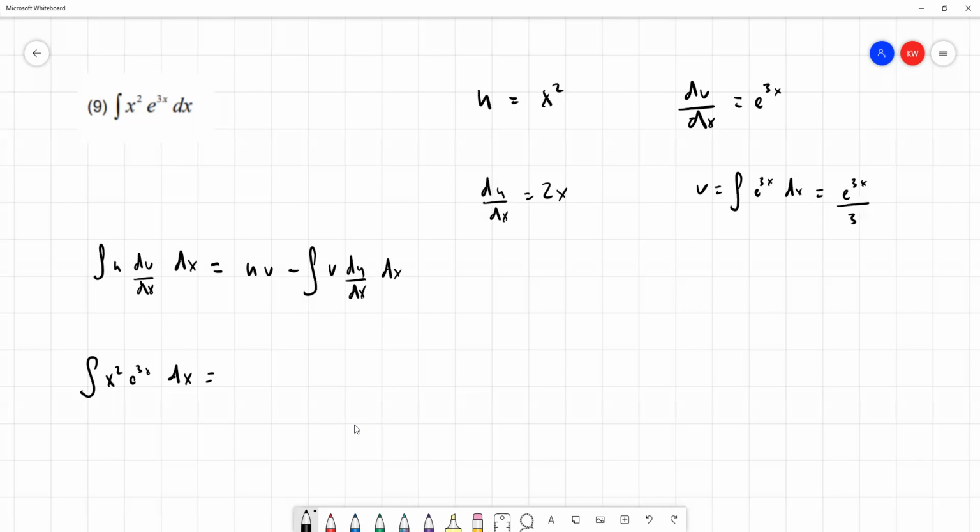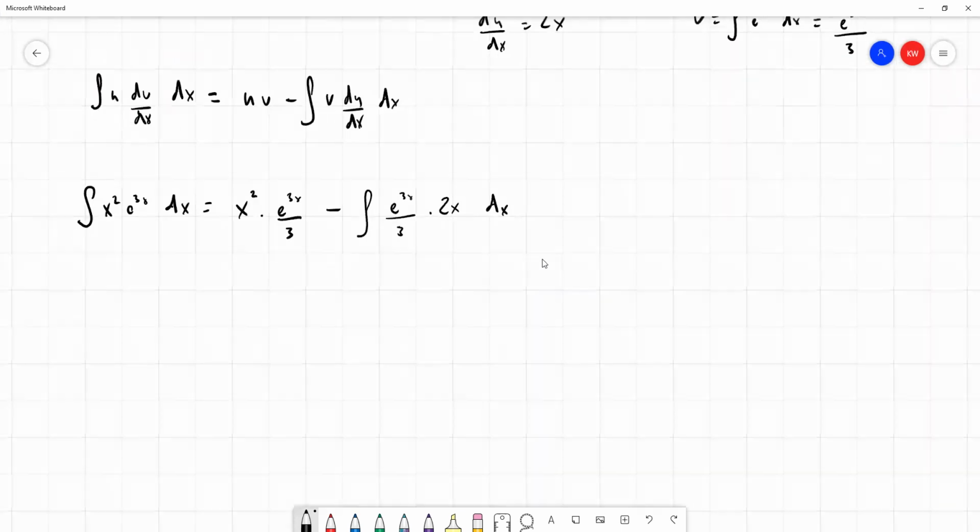So u, that's x squared, that's multiplied by v, which we found was e to the 3x divided by 3, minus the integral of v again, so we've got e to 3x divided by 3, multiplied by the derivative of u, and that was 2x. Now this is an integral, so this is dx here as well.